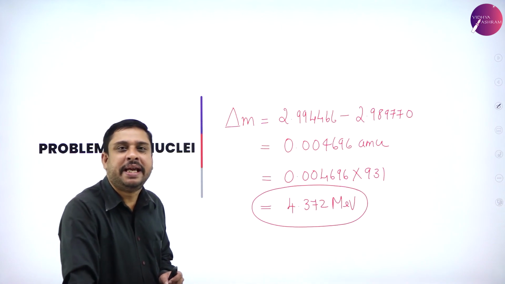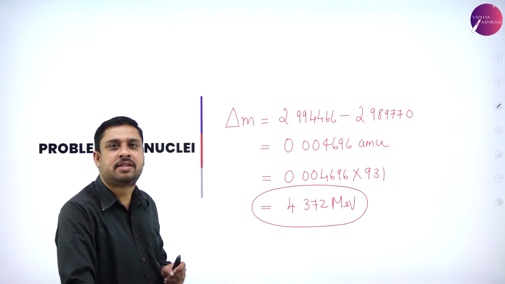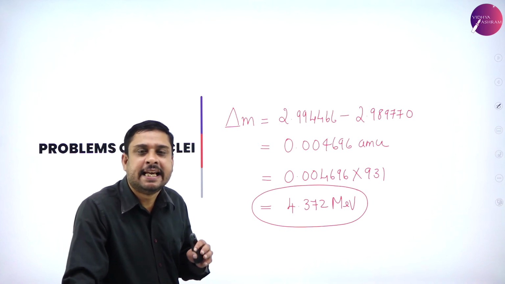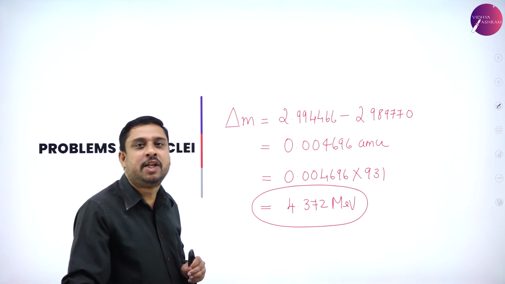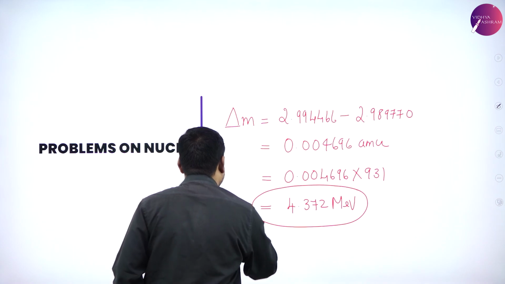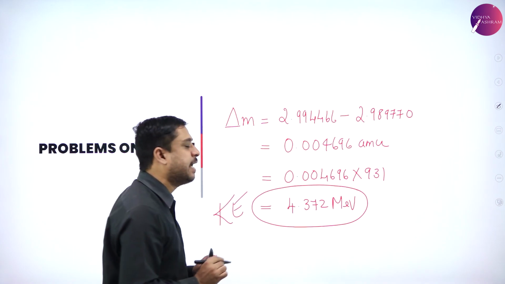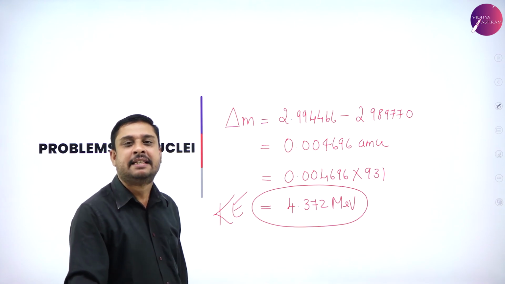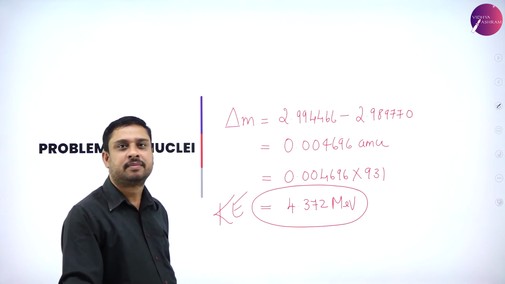See, sodium being a massive element, if I ignore the energy carried by anti-neutrino, this will be the maximum kinetic energy carried by the electron.